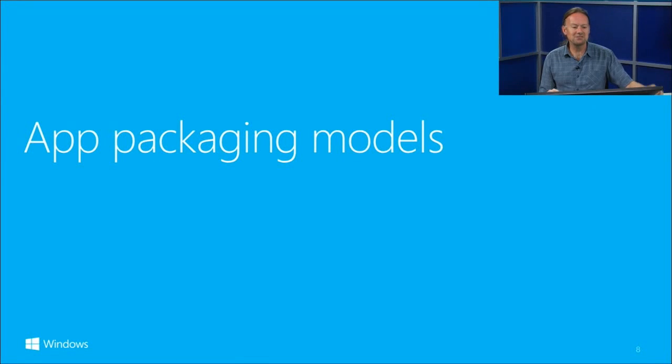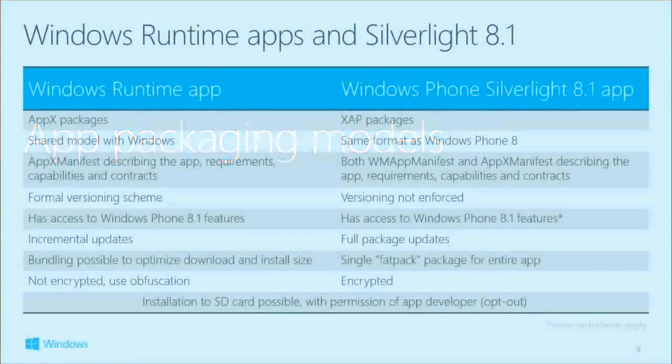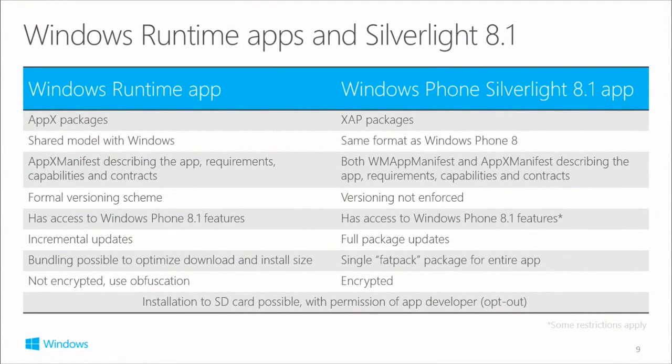Okay, so that's a bit about the store and the store app. How do you package your apps up to actually get them ready for going into the store? We've got two different packaging formats. So Silverlight apps build into what we call a ZAP package. That's what we've always had.